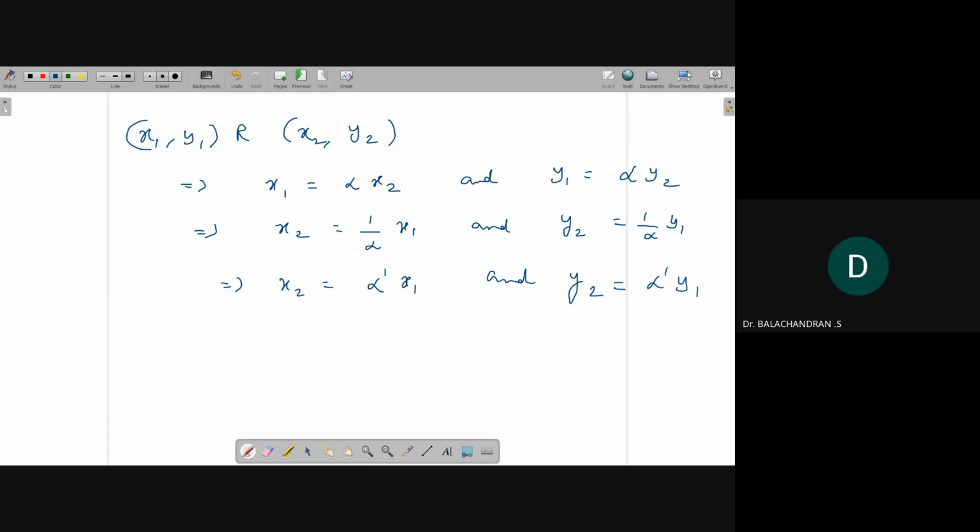Now this implies x2 comma x1 is related to y2 comma y1, and hence the relation is symmetric. The reason is that alpha dash equal to 1 by alpha is a real number.